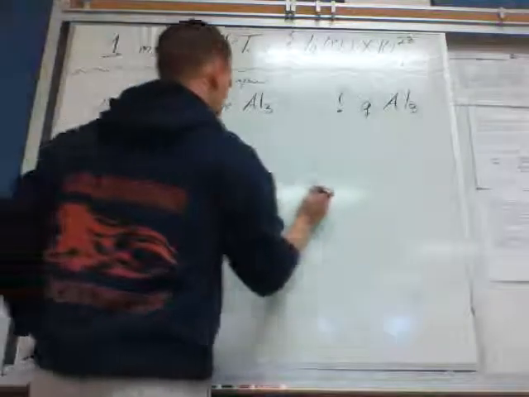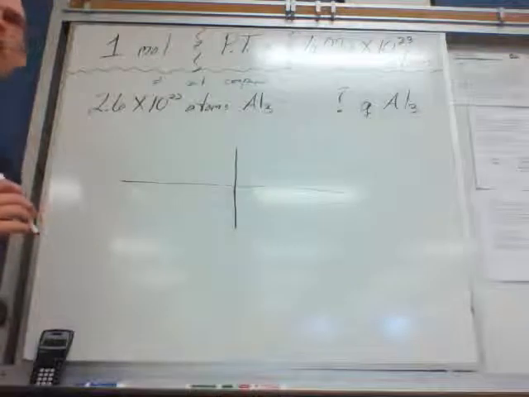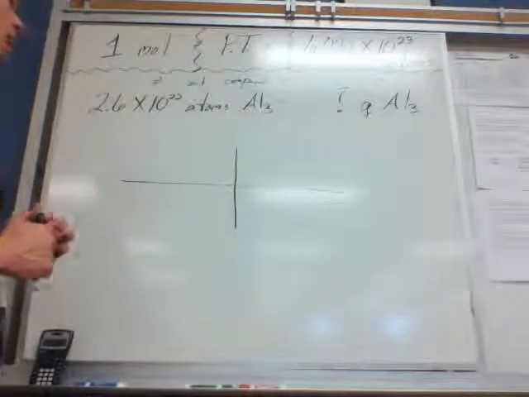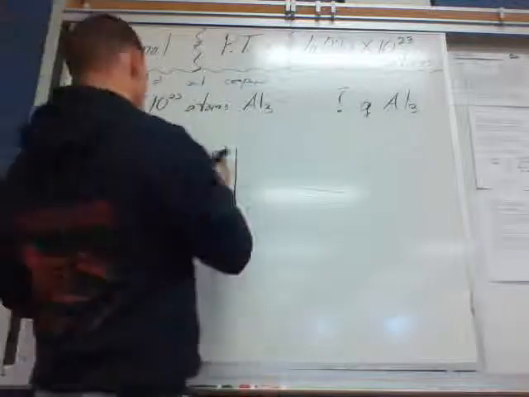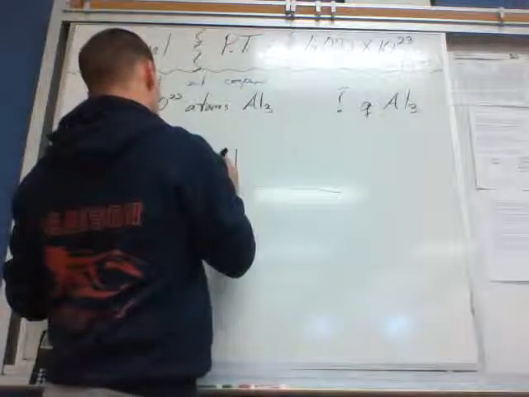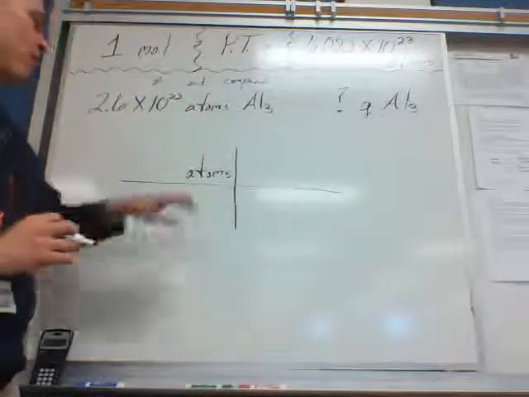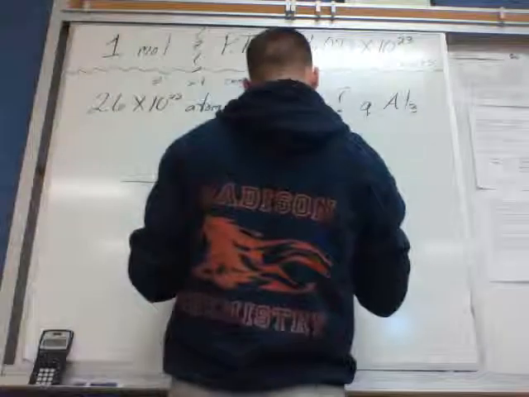I'm going to draw my grid. While looking at my cheat sheet, I'm going to identify my given units as atoms. I know that those given units also go down here.